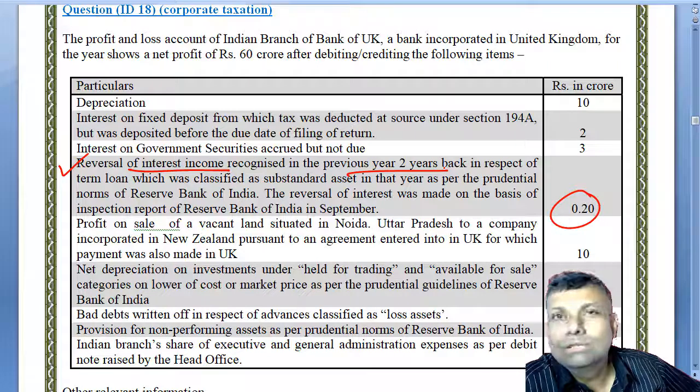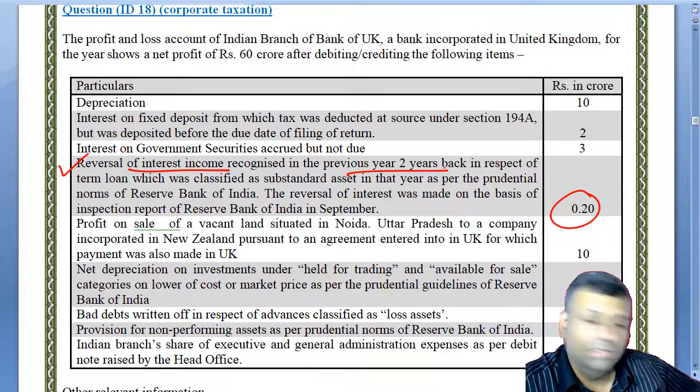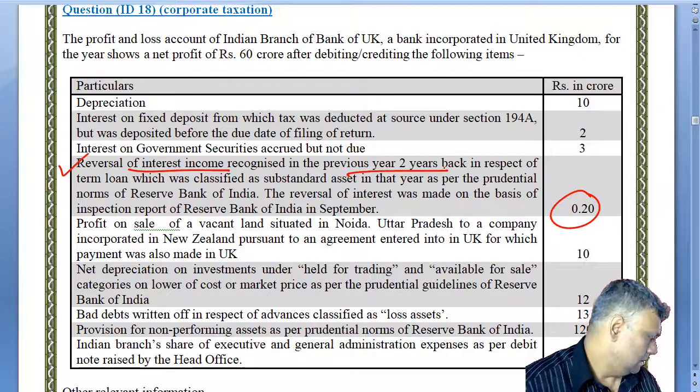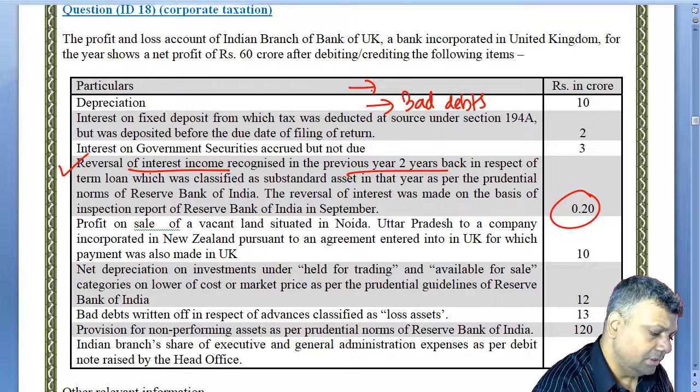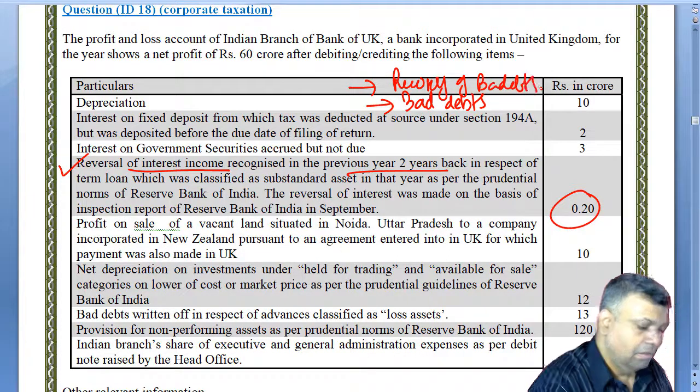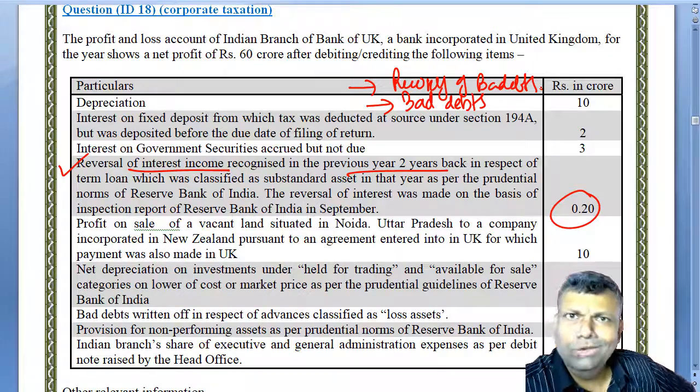See, I just want you all to imagine. There is something called bad debts, and there is something called recovery of bad debts. These are two terms you already know very well.